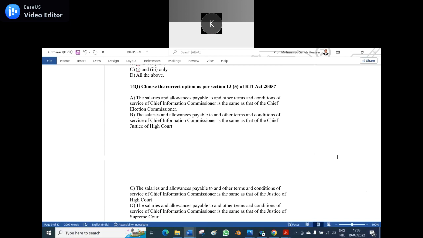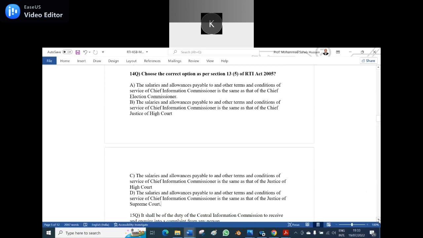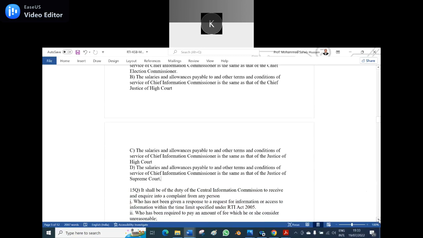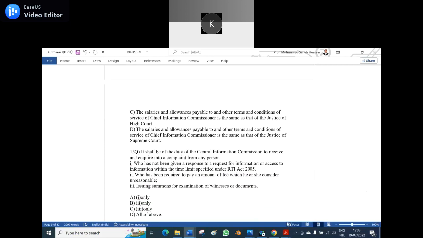C. The salaries and allowances payable to and other terms and conditions of service of Chief Information Commissioner is the same as that of the Justice of High Court. D. The salaries and allowances payable and other terms and conditions of service of Chief Information Commissioner is the same as that of Justice of Supreme Court. It's option A, sir. This option A is the correct answer.